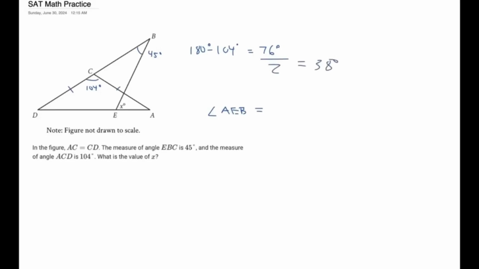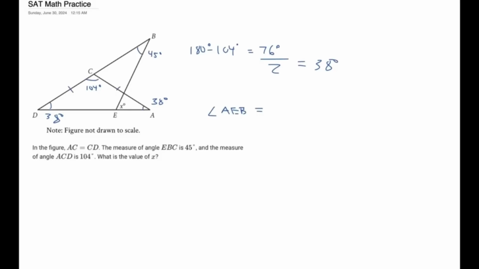So we know angle A is 38 degrees and angle D is also 38 degrees. Okay, so that's one step of the puzzle. So how exactly can we find angle x?